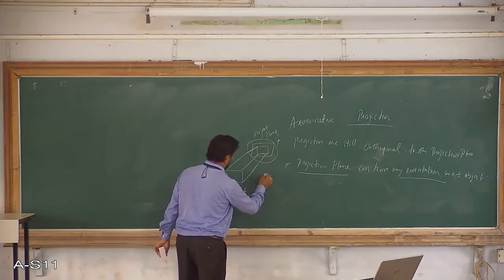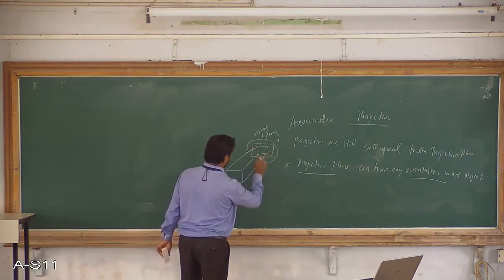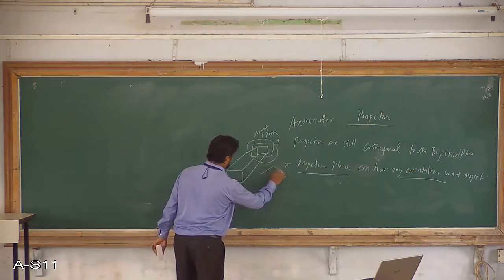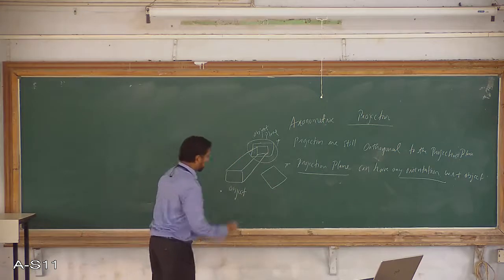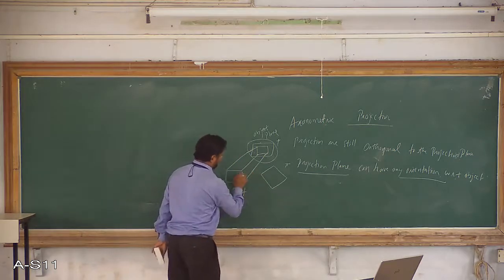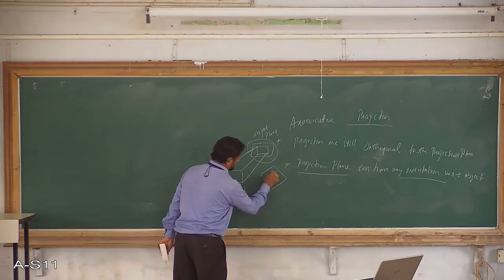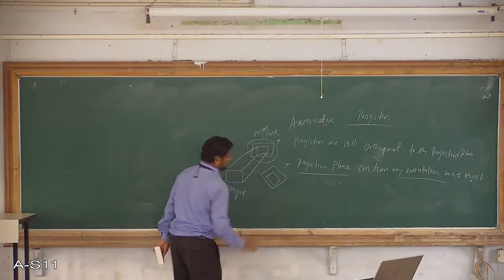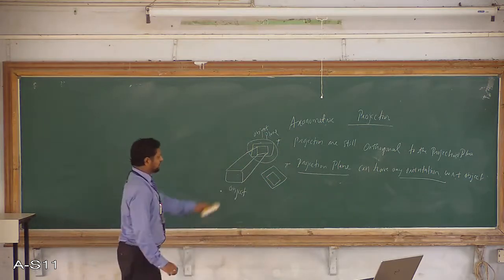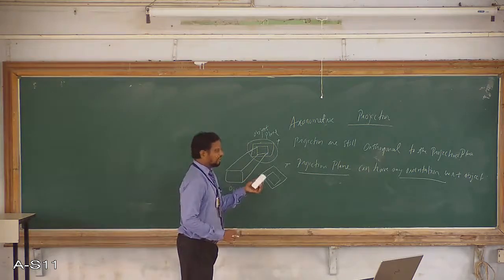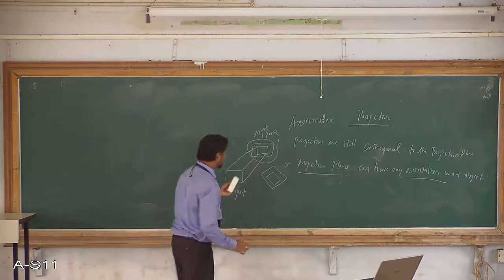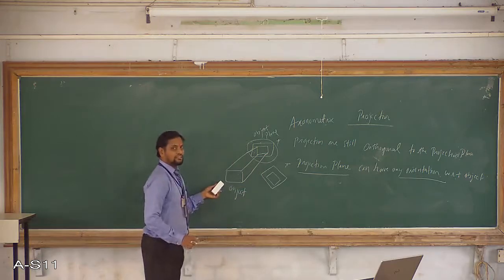Even I can take, for example, this is placed this way, right? I can place it this way. Now the object plane is this way. So probably this object could be obtained in this format, because it is oriented here. The orientation of the object plane is changed with respect to the object here.